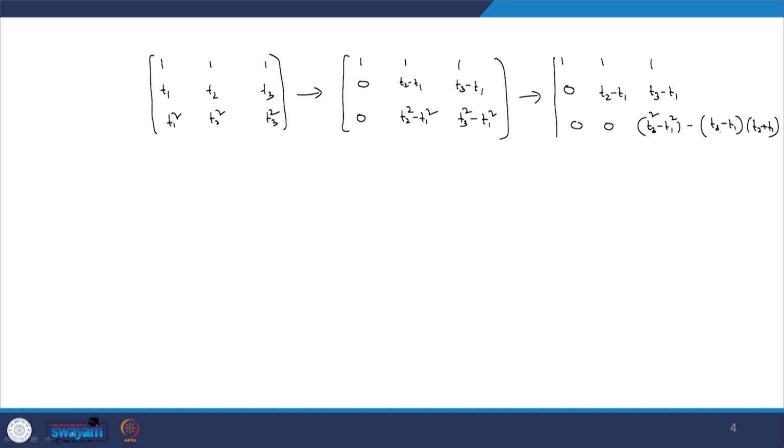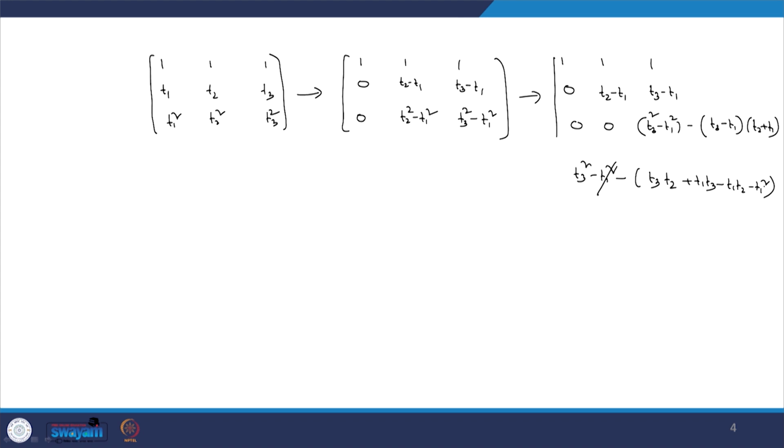If we simplify this, I will have t3 square minus t1 square minus t3 t2 plus t1 t3 minus t1 t2 minus t1 square.